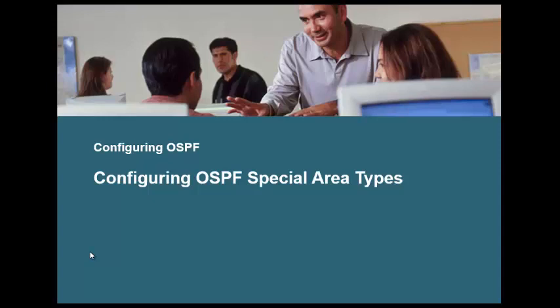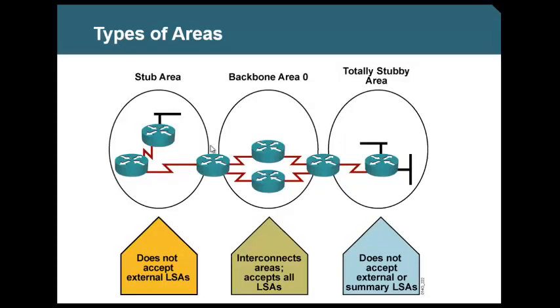OSPF special area types. In Cisco routers, OSPF has 4 special areas. In non-Cisco, only 2. In Cisco, 4. What are they? Number 1, stub. Stub is one special area which is Cisco's as well as the industry's, so you can see it in both.